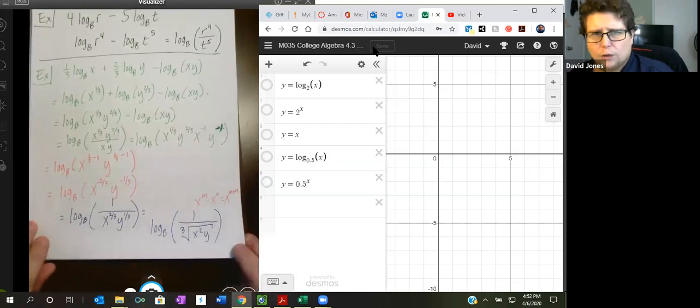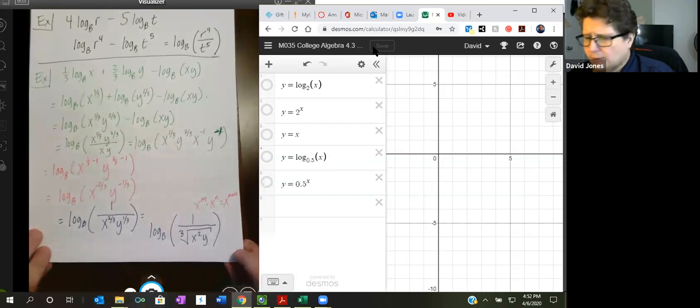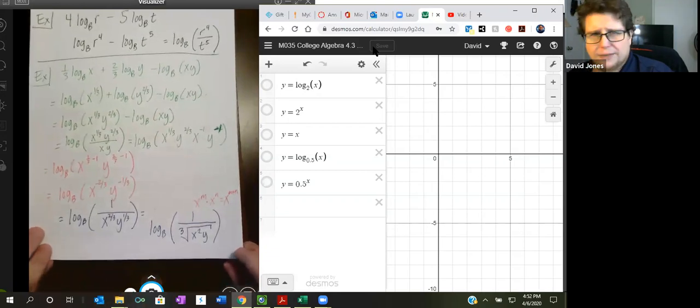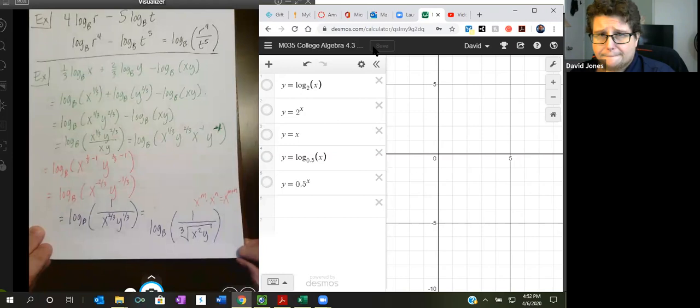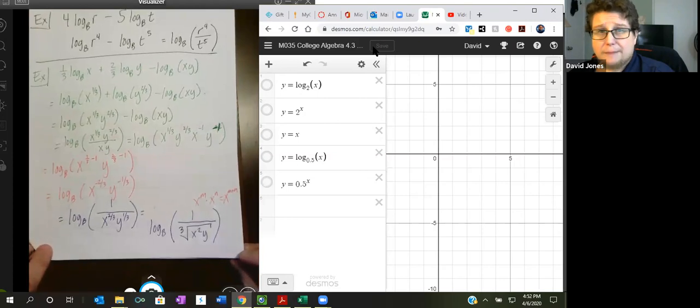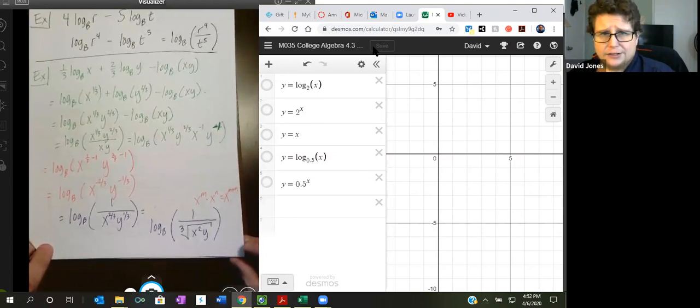4.4 only adds one more rule, but it requires you to actually start working with the calculator. So we're going to discuss calculator usage. Now, everyone's calculator differs. And if you get stuck, don't know how to use your calculator, maybe you can send me a picture of it, and then we can Zoom together and I can explain how to use it.